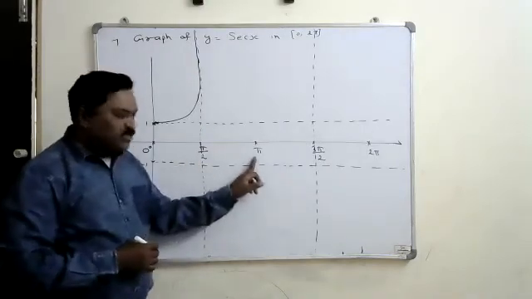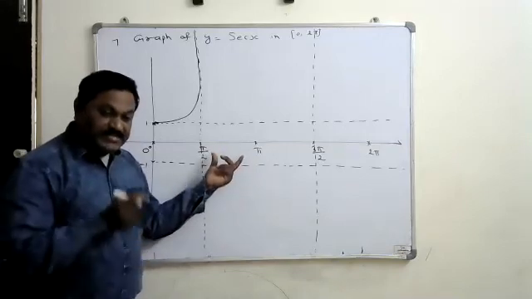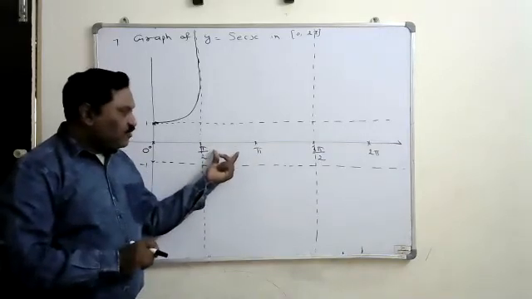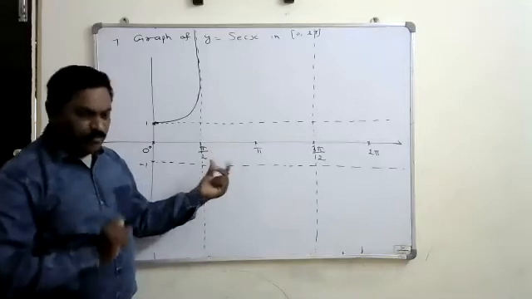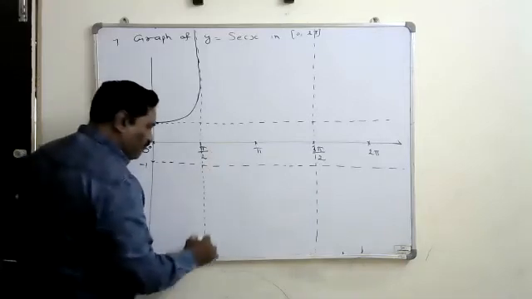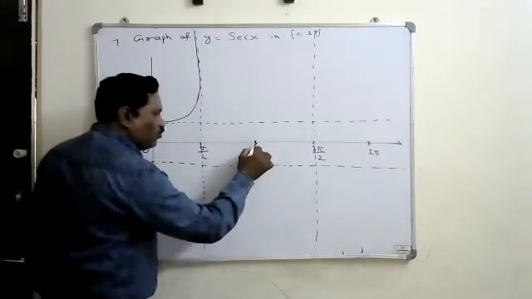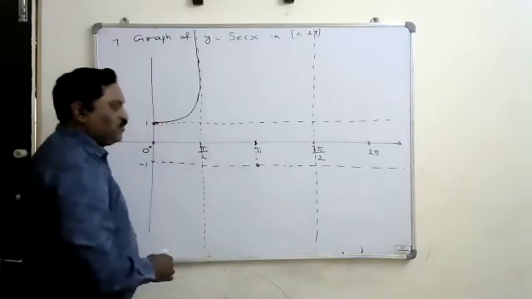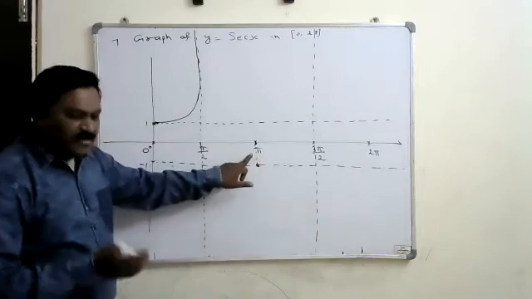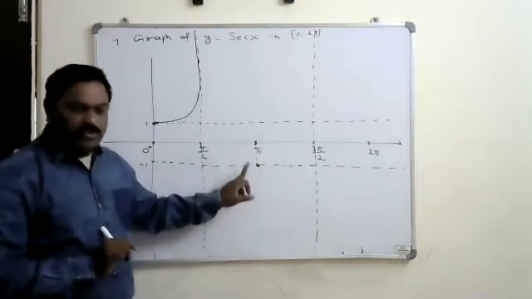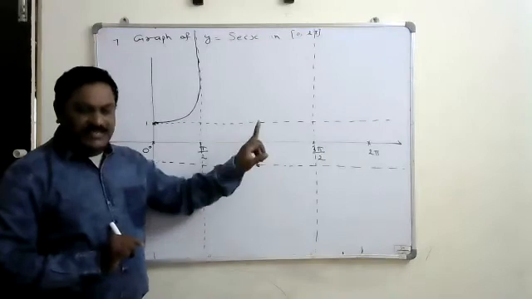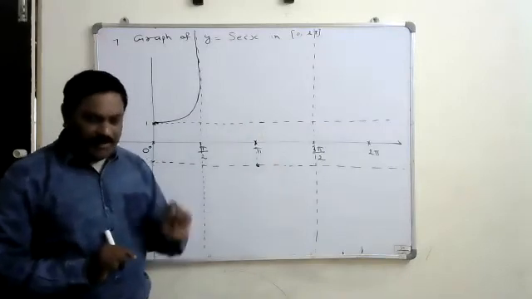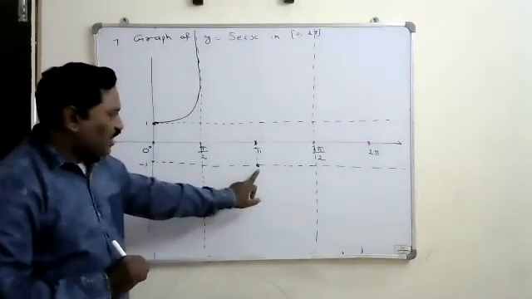Similarly, pi by 2 to the pi, these are the angles of the second quadrant. In the second quadrant, secant is negative. That's why it comes from the negative infinity, and x is equal to pi, secant pi is minus 1. So when the pi multiple is an odd number, secant is going to be minus 1. The pi multiple is an even number, secant is going to be plus 1. That's why this is a minus 1 line.